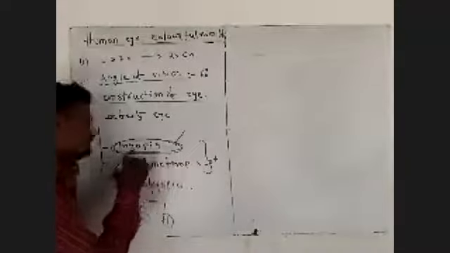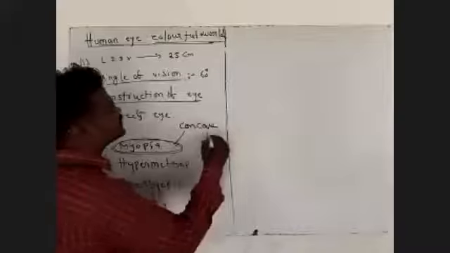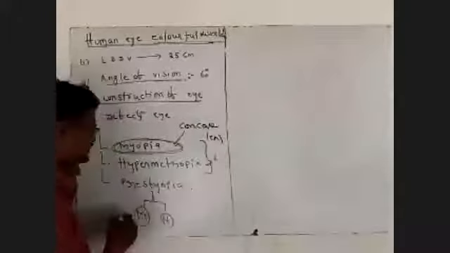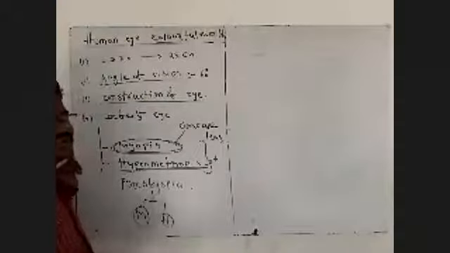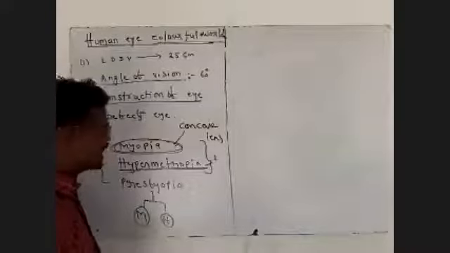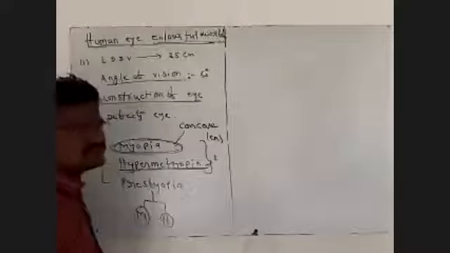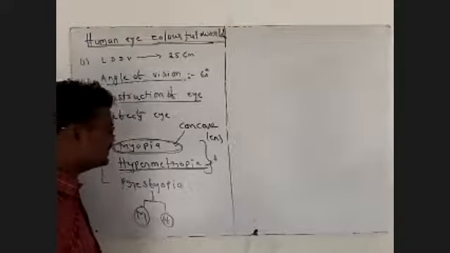How can we correct myopia? We use a concave lens. Now hypermetropia: aged persons get hypermetropia. They are able to see long distances, but they are not able to see near distances.